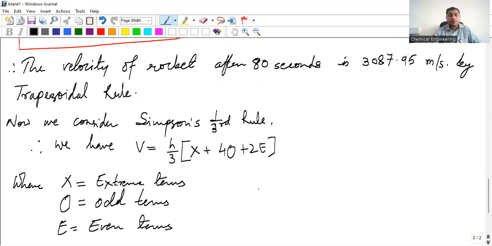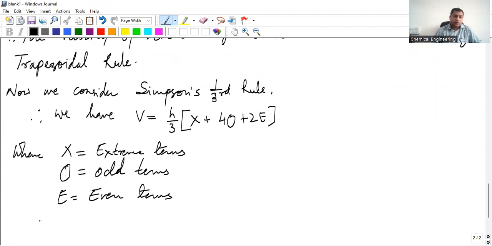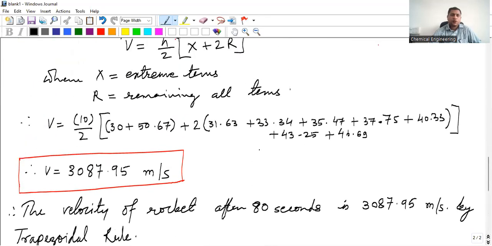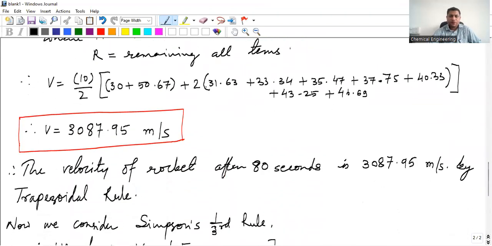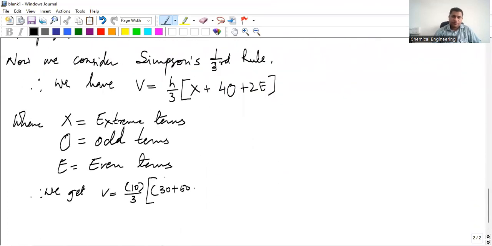Hence we can write V is equal to 10 by 3 times 30 plus 50.67. We scroll up to get these values from here, so it is 50.67.